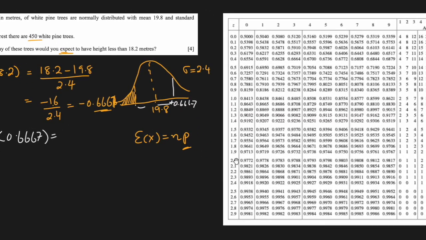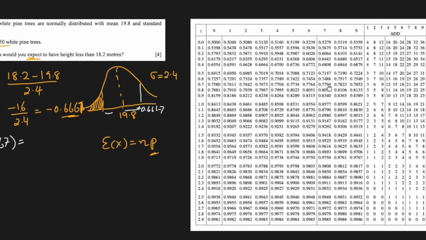0.6667. So 0.66 is 7454. 0.66 and 67. So I can do this one. 7 is here, right? No, it's 23.